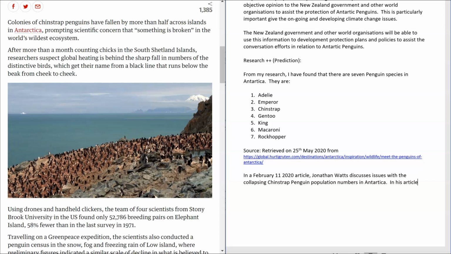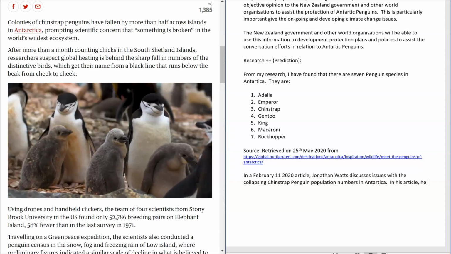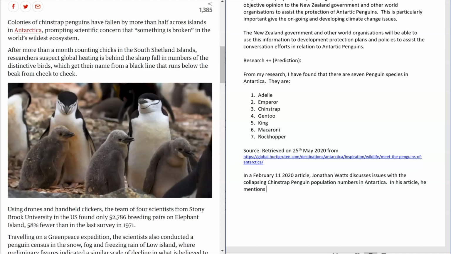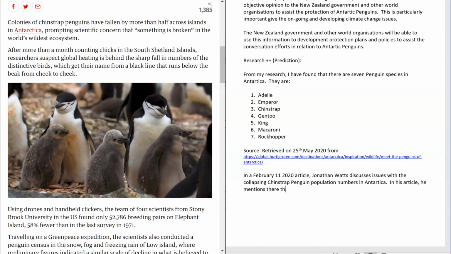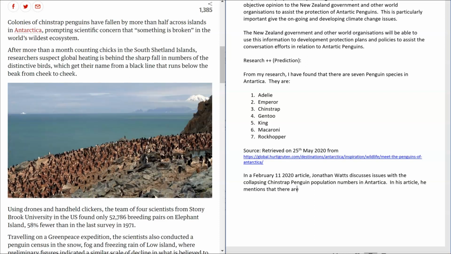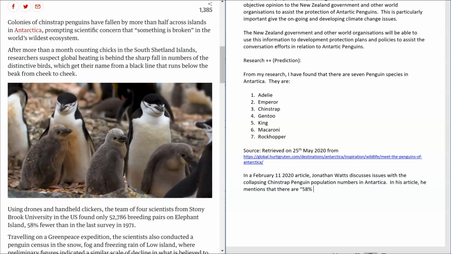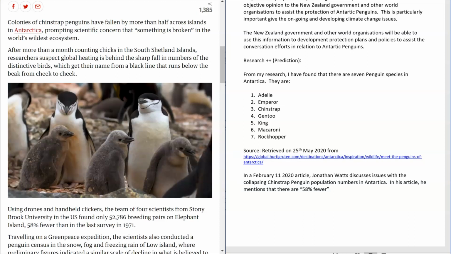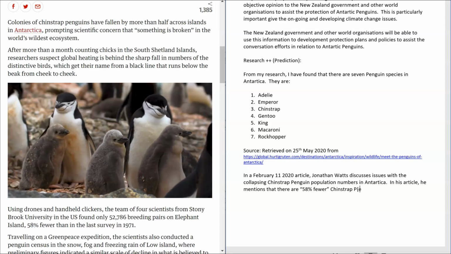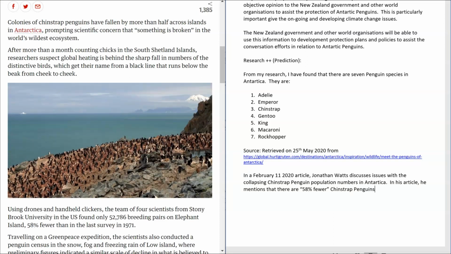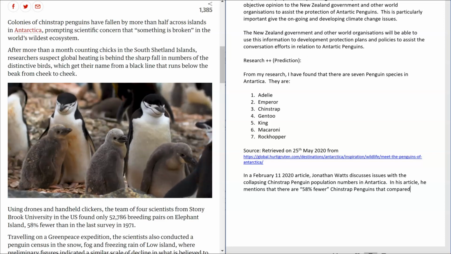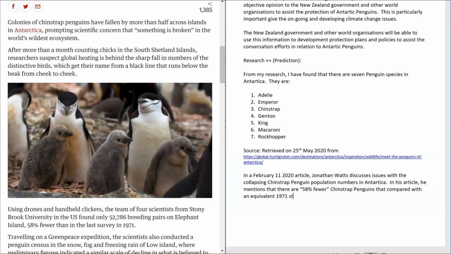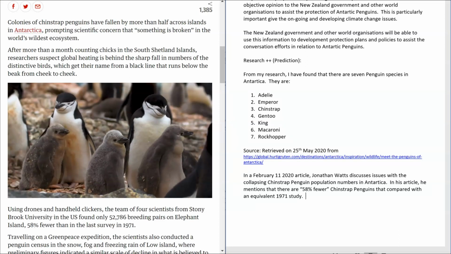In his article, he mentions that there are, and I'm going to put in quote, 58% fewer chinstrap penguins than compared with an equivalent 1971 study. So that's a huge drop.